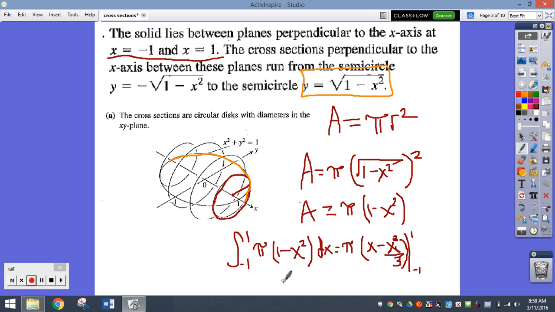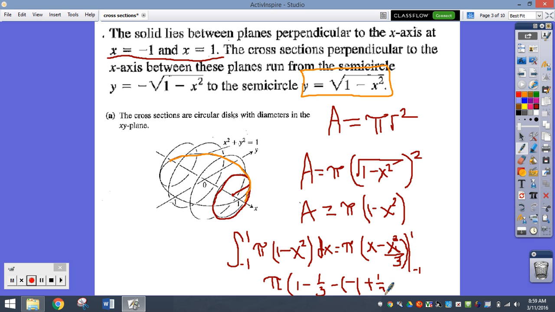And so I'd have pi times 1 minus 1/3, minus, and remember you're subtracting all of this with -1 plugged in. So put parentheses there just to remind yourself. And if I plug in -1, I get -1, and then this is cubed, so minus -1/3 would become positive 1/3.